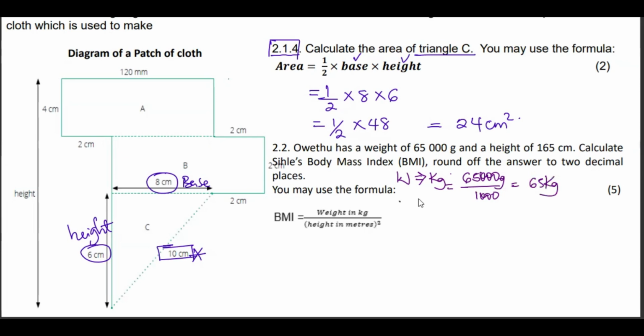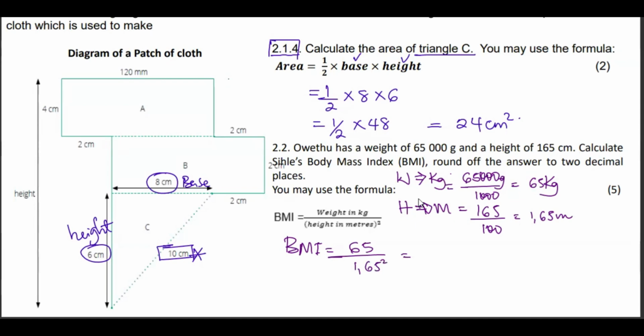Then ask yourself, the height has to be in meters. The height we have is 165 centimeters. Divide this by 100, whereby you get 1,65. These are meters. Now you're good to go. Substitute the formula. My BMI now will become 65 divided by 1,65 squared.